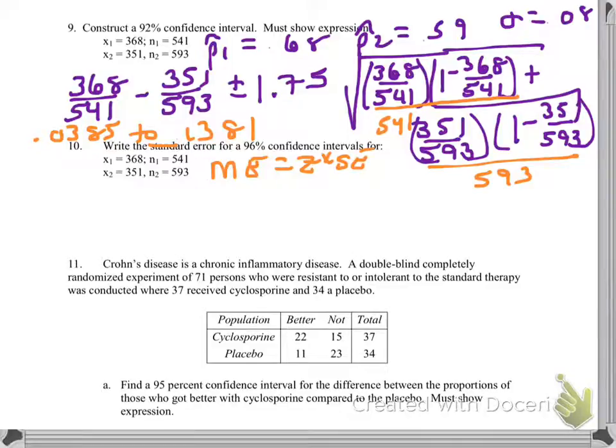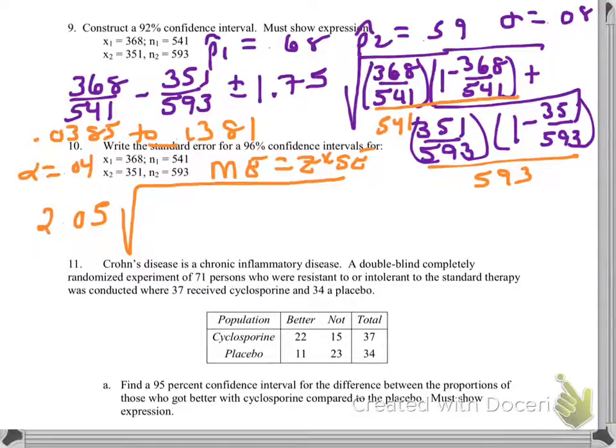So that's what I'm going to do. So if my confidence interval is 96, then alpha is 0.04. So I'm going to go to distributions and put in 0.02, and I get 2.05.